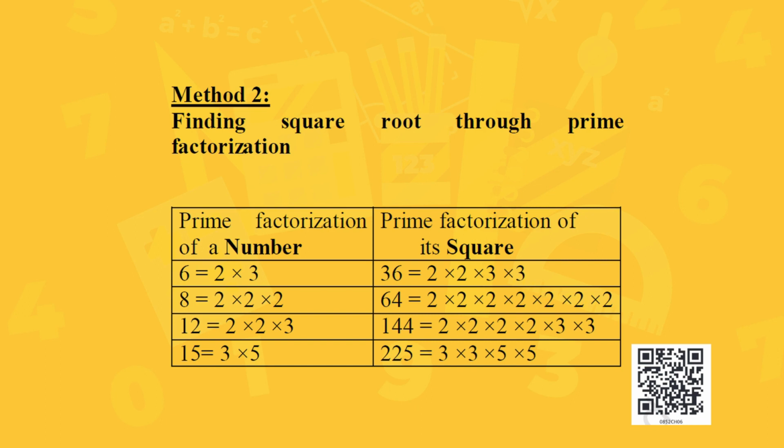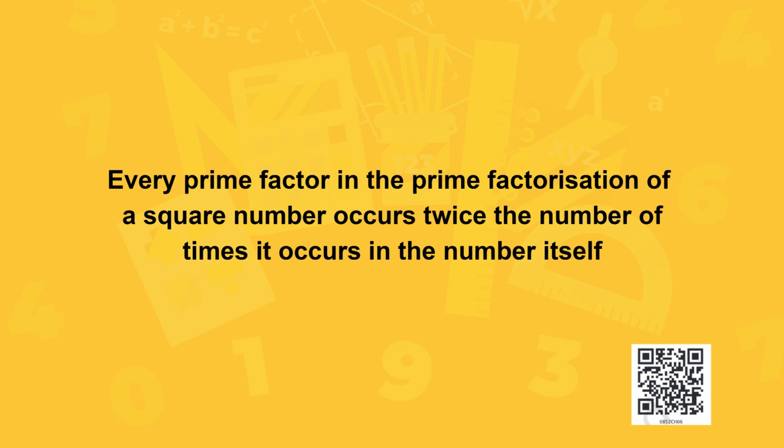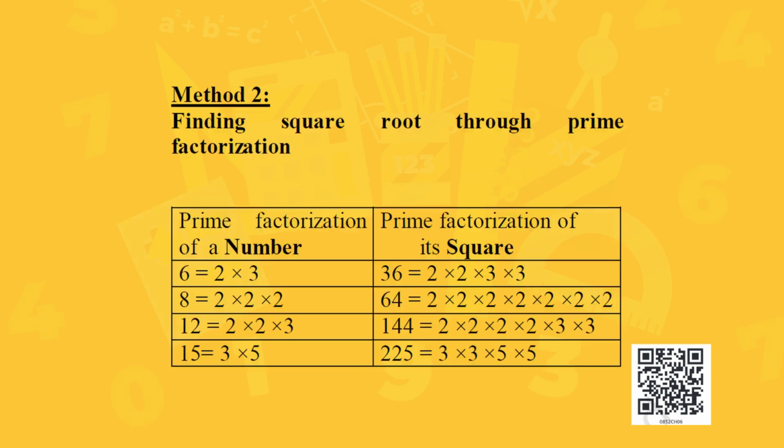Also observe 3: in the prime factorization of 12, 3 occurs only once, but in the prime factorization of 144, it occurs twice.